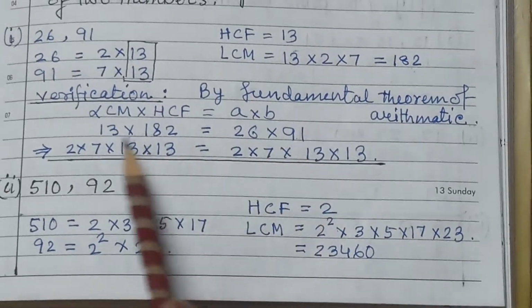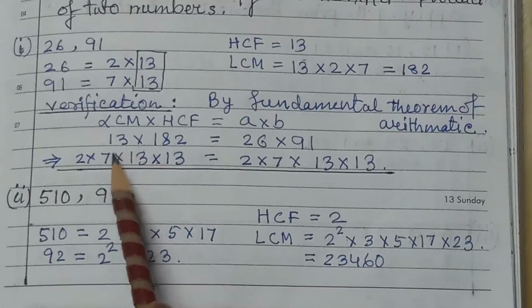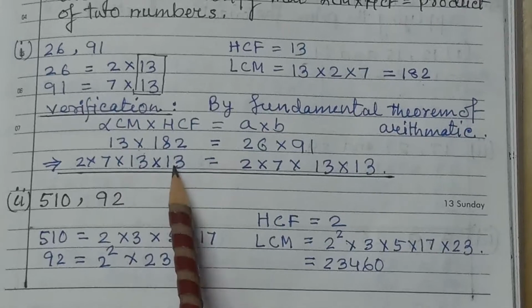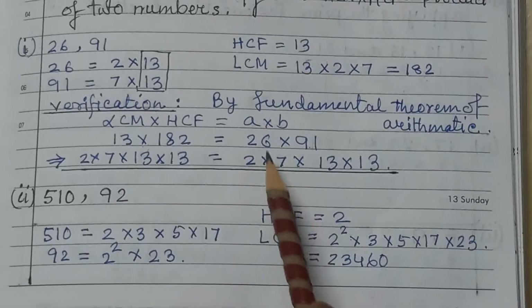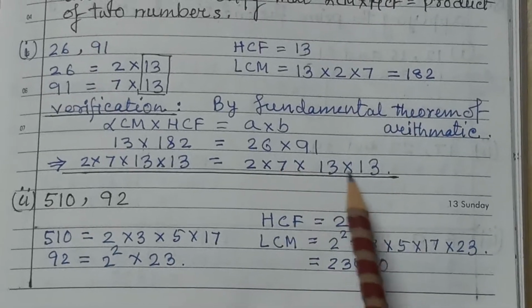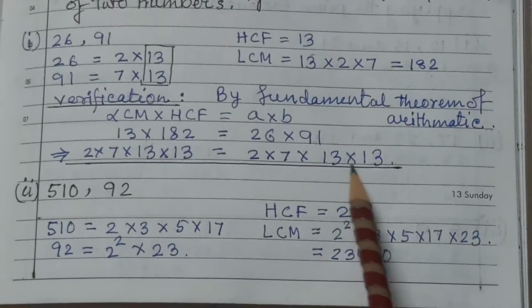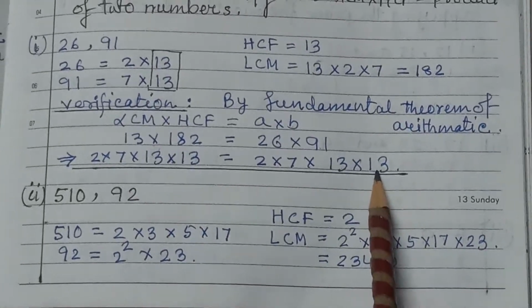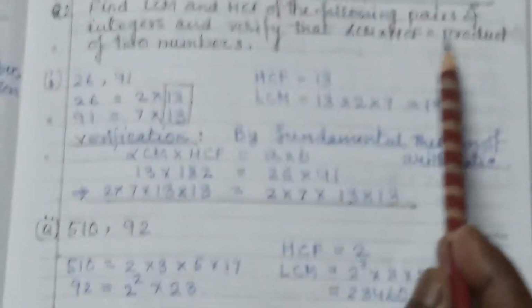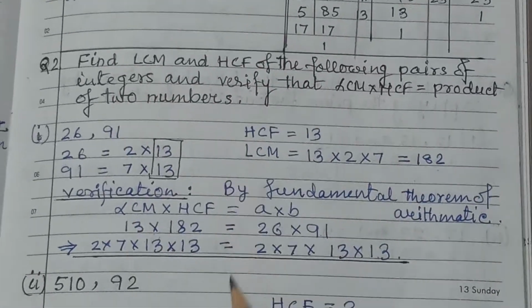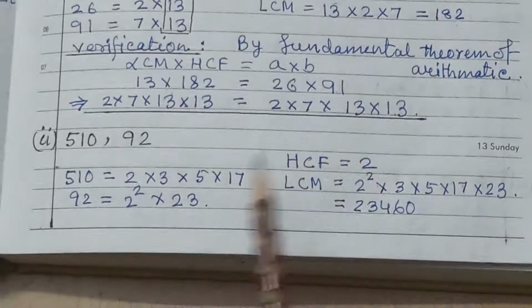Now you factorize it. 182 is 2 into 7 into 13, so 13 into 182 is 2 into 7 into 13 into 13. These are in the ascending order we have written, and left hand side is equal to right hand side. So we proved that LCM into HCF is equal to the product of the two numbers. Clear? Next question, same.